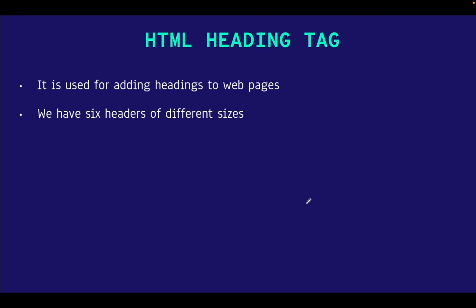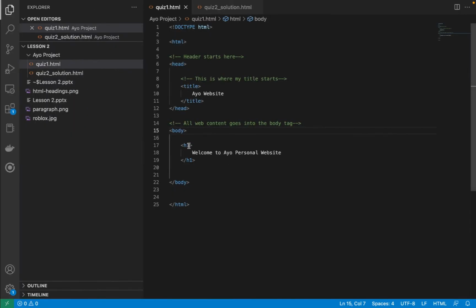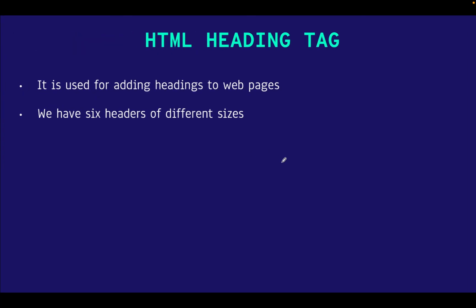So now the interesting thing, you remember that we use this h1, right? But I didn't explain this h1 to you guys. So now I want to explain what the HTML heading tag is. The heading tag is used for adding headings to your web page, and we have 6 headings of different sizes, right?